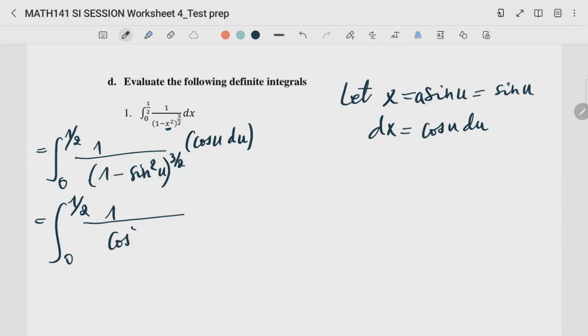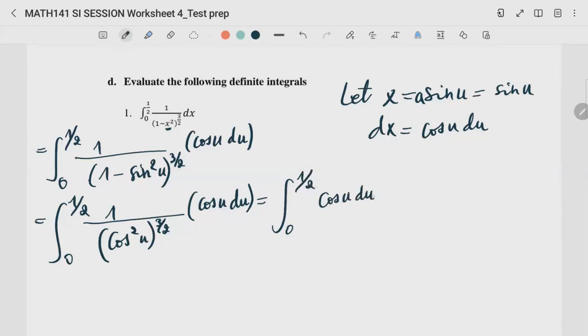So that would be cos squared u to the exponent of 3 over 2, multiplied by cos u du. This equals the integral from 0 to half of cos u du divided by cos squared to the 3 over 2, which is just cos cubed u.